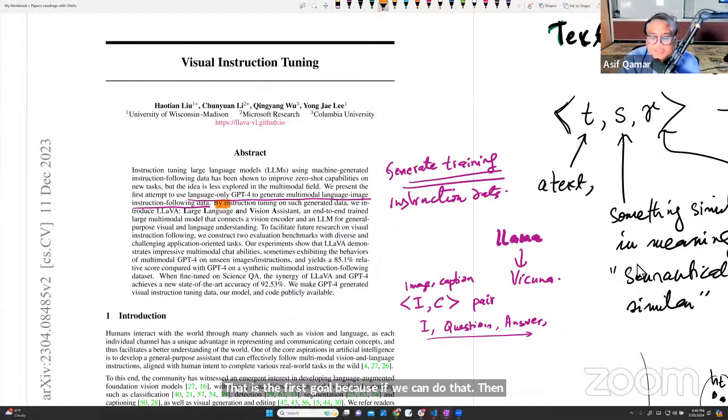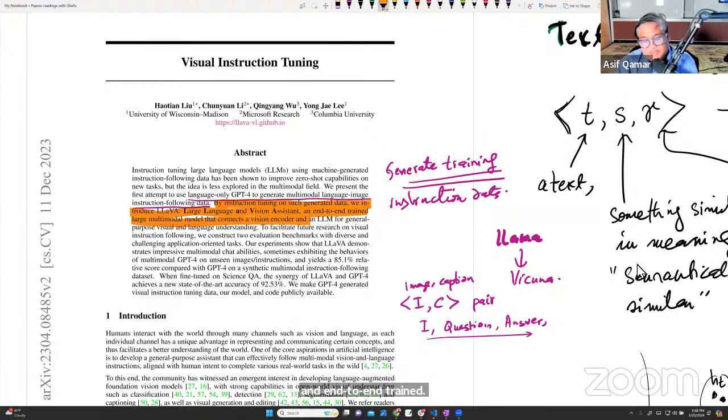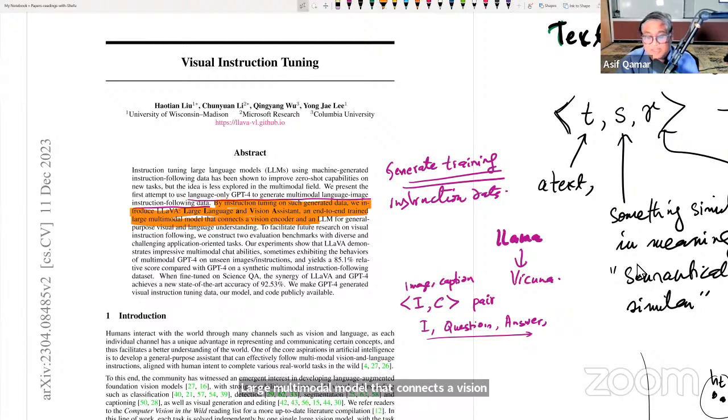By instruction tuning on such generated data, they create a model they call LLaVA, Large Language and Vision Assistant, an end-to-end trained large multimodal model that connects a vision encoder and an LLM for general purpose visual and language understanding.